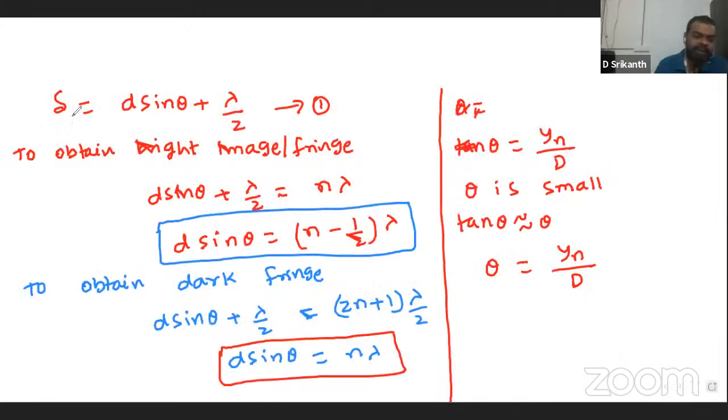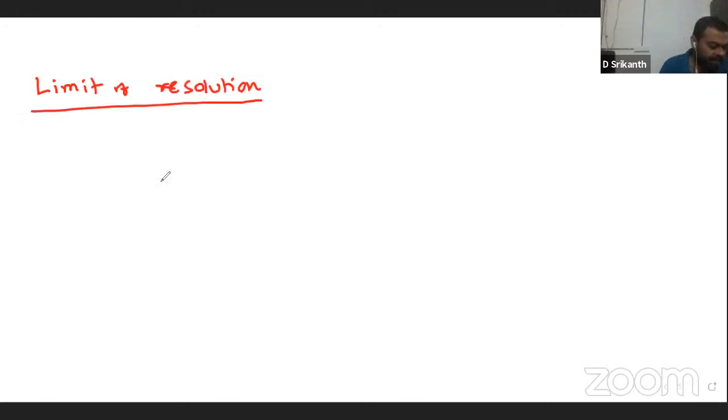And then finally, resolving power or limit of resolution. Before going to the resolving power, I will tell the limit of resolution. Limit of resolution means the smallest linear or angular separation between point objects which can be clearly seen by the observer or by an optical instrument.